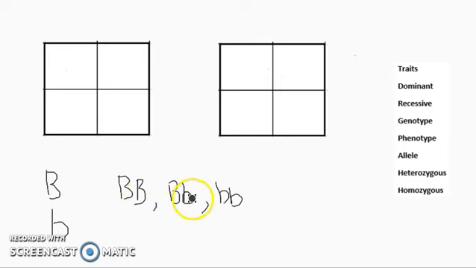Capital B, lowercase b, still have the bully here, right? The dominant allele, capital B, lowercase b, results in brown eyes again. Aha, what about this case? You have recessive allele and recessive allele. So in this case, only in this case, could you end up with blue eyes.